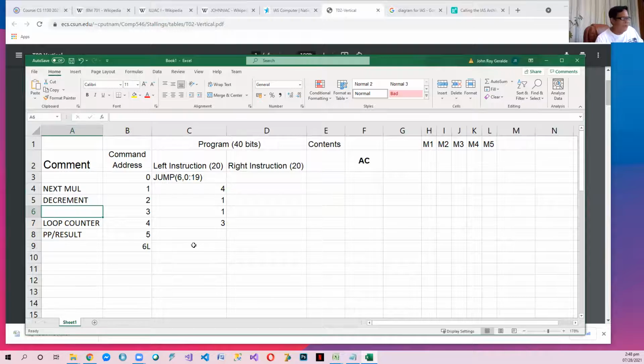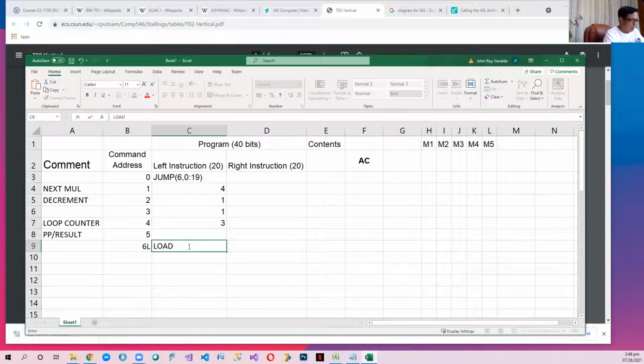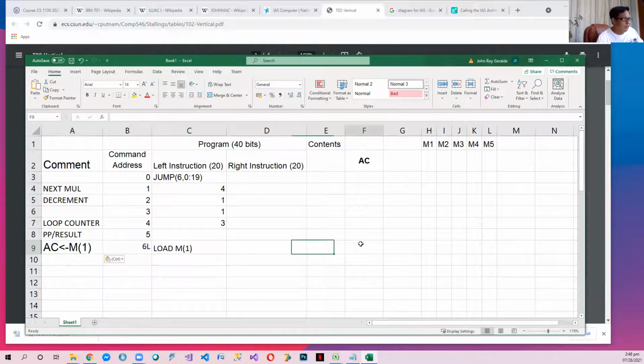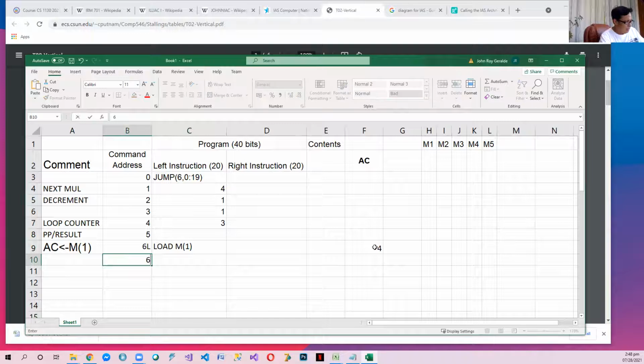So 6L will have load M1. Okay, so we'll have AC receives M1. So what's the value of AC? Bakit ganito? Okay. AC becomes 4. Okay, do you follow? Store M4. M4 pa ba tayo? M5 na tayo. 6R. Store M of 5.